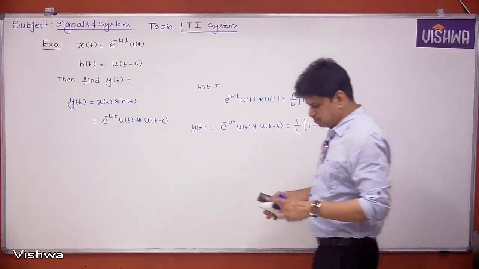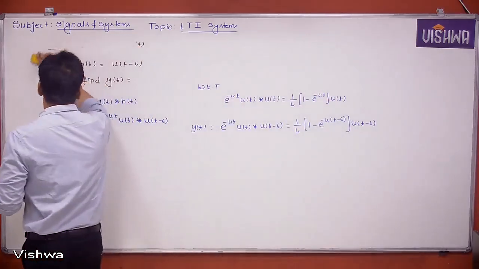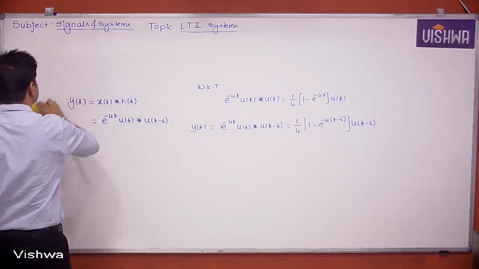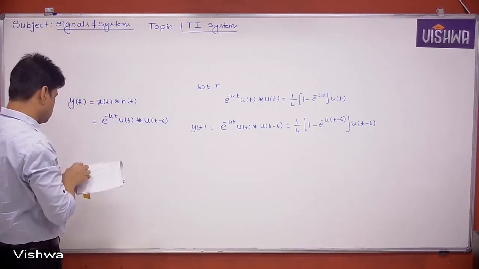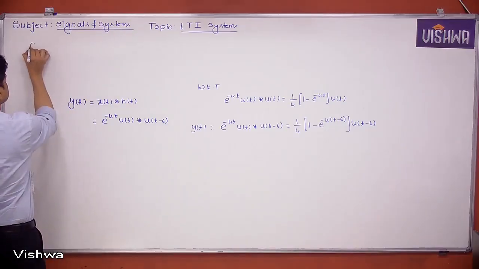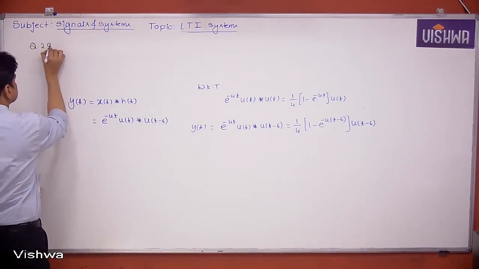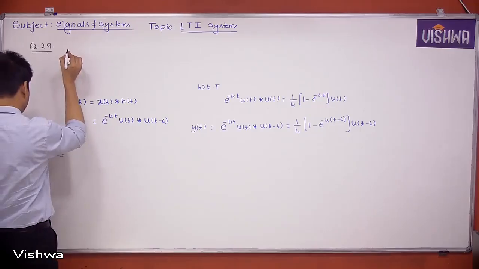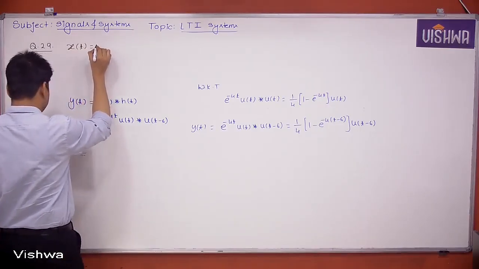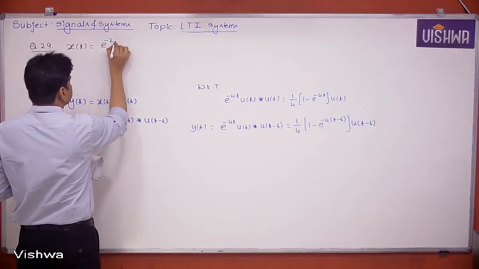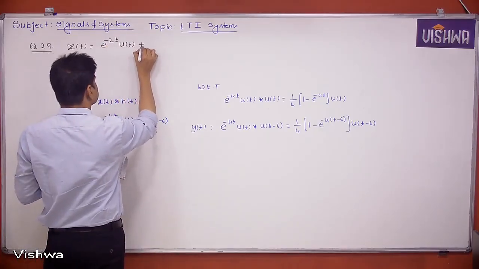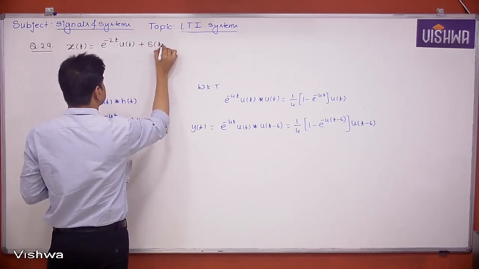Let's see the next question. Question number 29. X of t is equal to e power minus 2t u of t plus delta t minus 6.